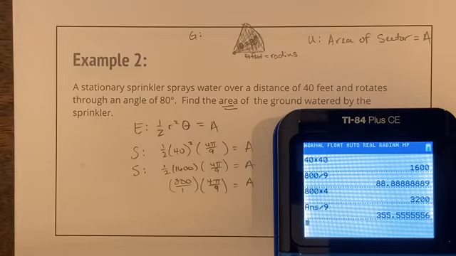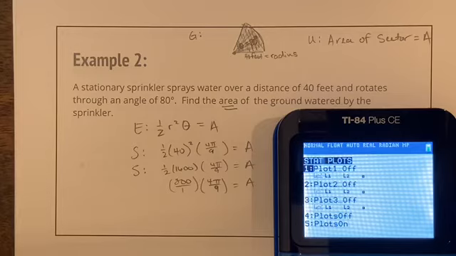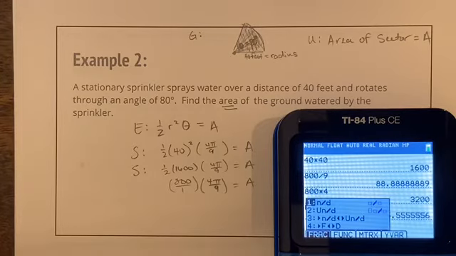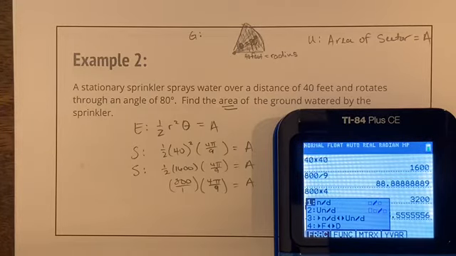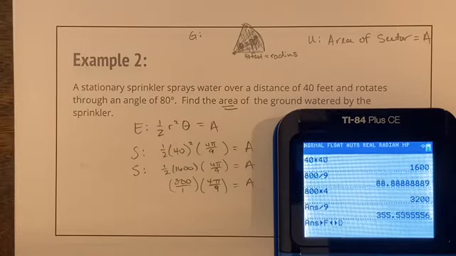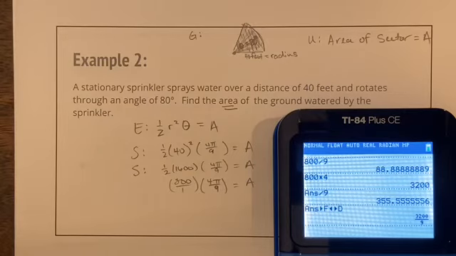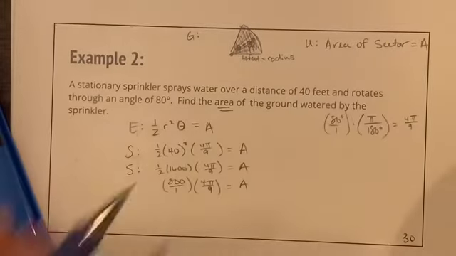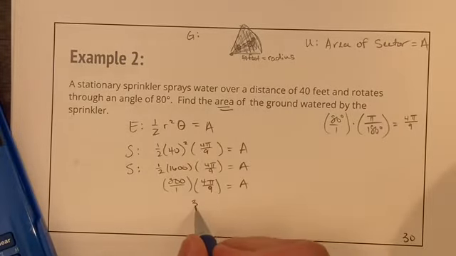So we go to alpha y equals, and we're going to turn the decimal into a fraction by using that button. So we have 3200 over 9. So this is definitely not simplifiable any further. That just confirms that for us.